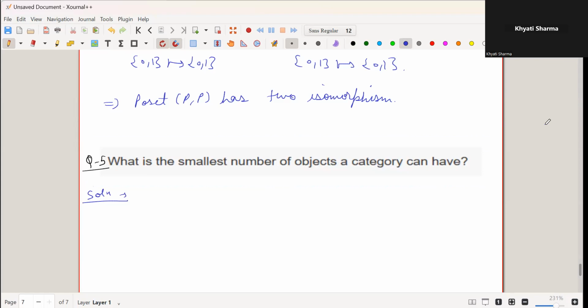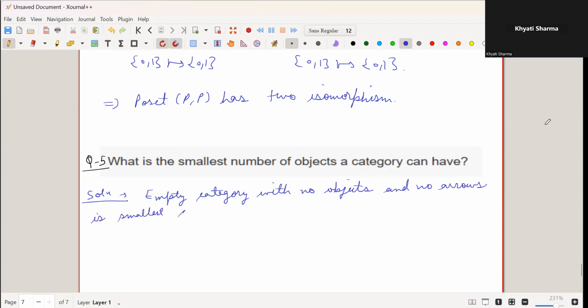The empty category with no objects and no arrows is vacuously a category. The category with no objects and no arrows is the smallest category.